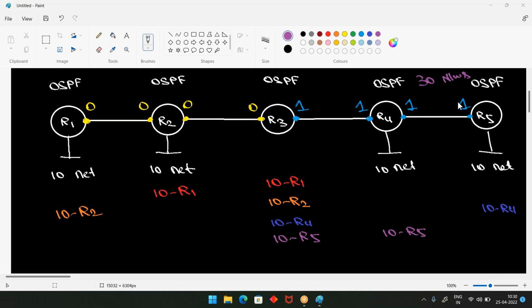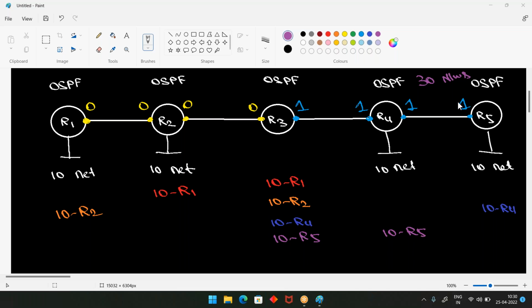Abhinav, Kavita, and Vasant, all of you tell me, can it store or not? Of course, it can store the 20 networks information in its routing table.